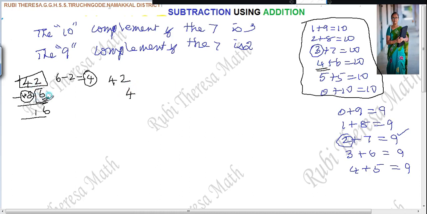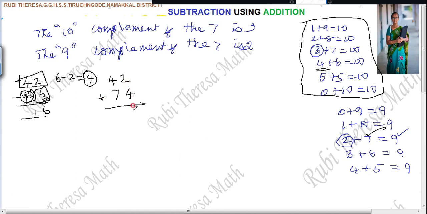Other than this unit place, for the remaining places, you have to go for 9. What is the complement of 2 here? 7. So now you add it. Instead of subtraction, you have to add it.